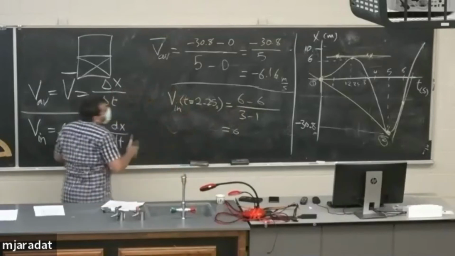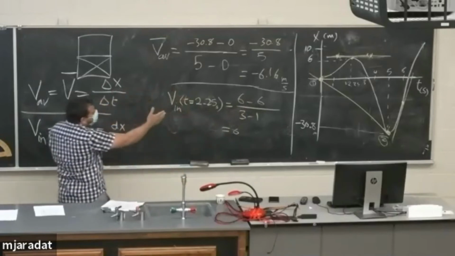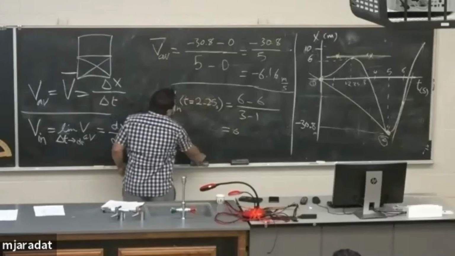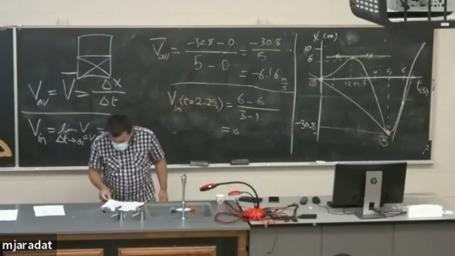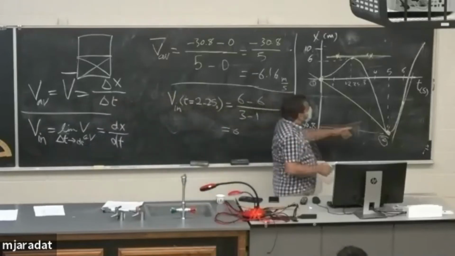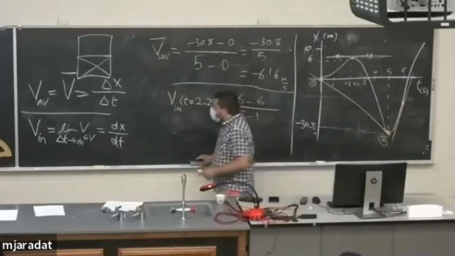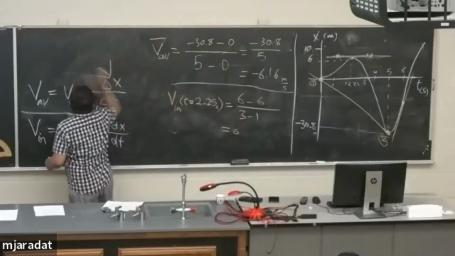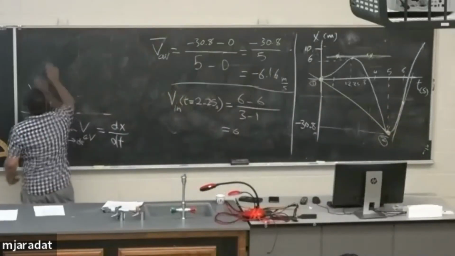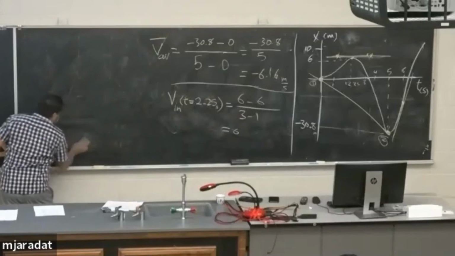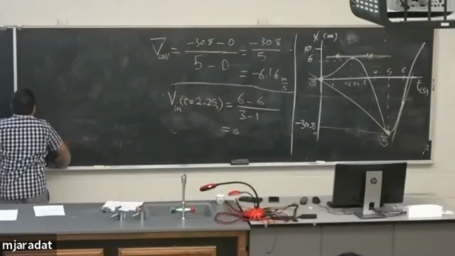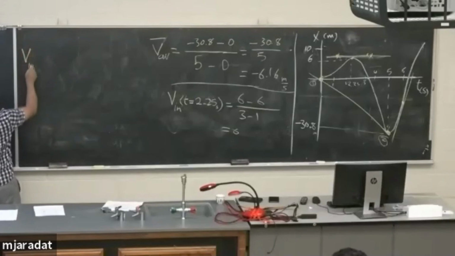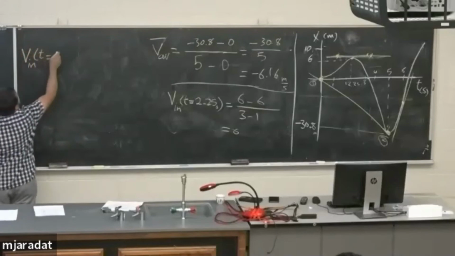Okay? What if I need to choose the time equal? Yes, I have it. At t equals 6 here. I need v instantaneous at t equals 6 seconds.